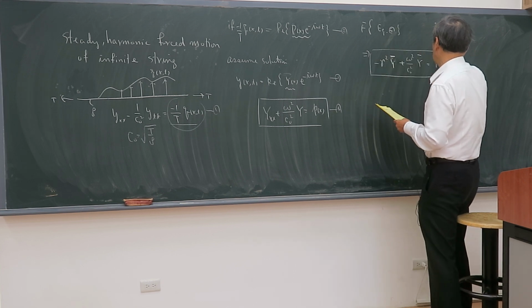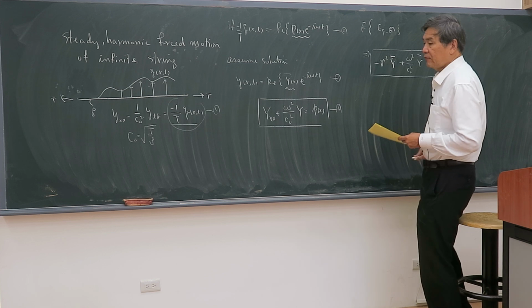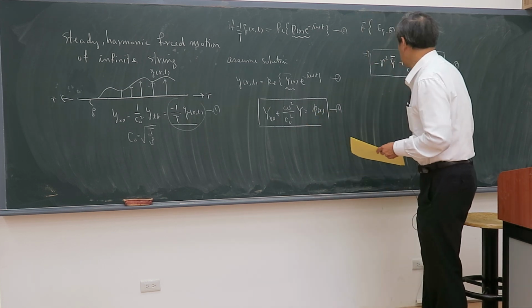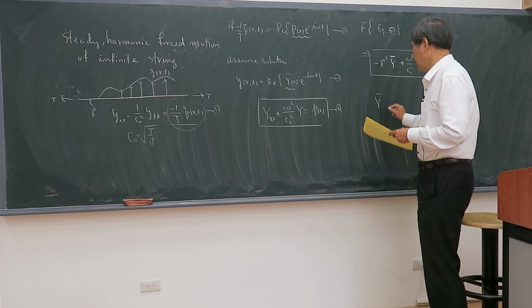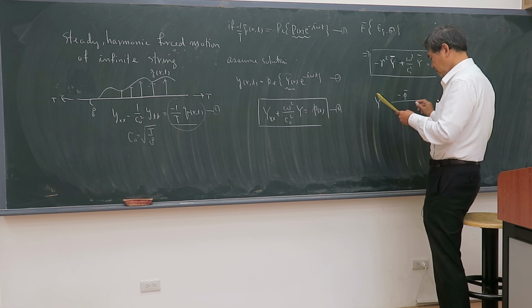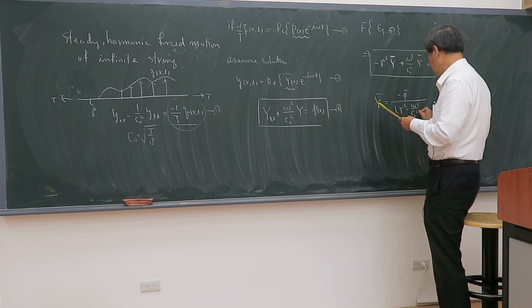So this is equation 5. So after the Fourier transform, we got an algebraic equation. So here we can solve y bar as minus p bar over gamma square minus omega square over c0 square.